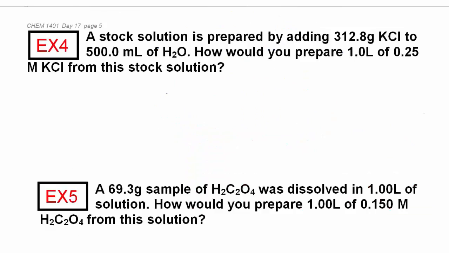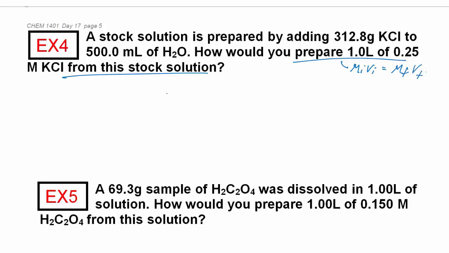A stock solution is prepared by adding 312.8 grams of potassium chloride to 500 milliliters of water. How would you prepare 1 liter of 0.25 molar potassium chloride from this stock solution? You have two solutions. This last part, how would you prepare, is definitely an MiVi equals MfVf problem.